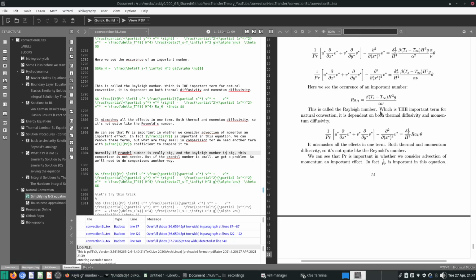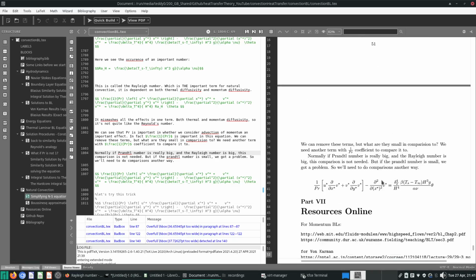So these are actually described by the buoyancy force terms. So that's a very rough way of looking at it. I'm not trying to be accurate here.